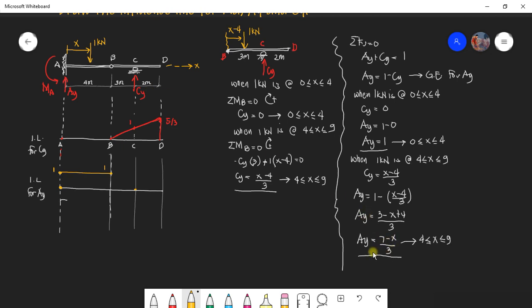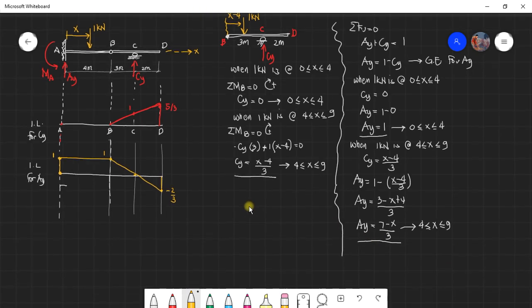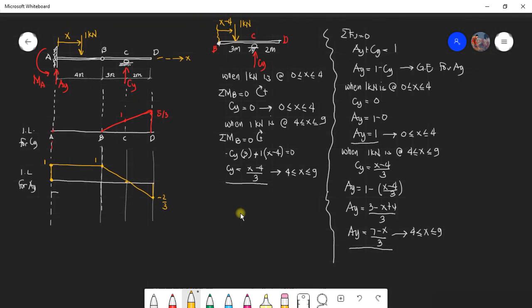So, negative 2/3, dito yan. Okay, just connect this using a line. Yan. Meron ka ng influence. Okay. So, I hope na-follow natin.